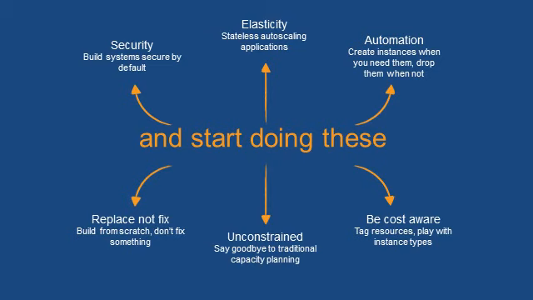And lastly, you can move to this model where you build your resources from scratch as you need them, both the first time and when you need them to replace something that's not working. So really start thinking about this idea of disposable and easily replaceable compute as a way to transform the way in which you run your applications, workloads, and services using AWS EC2.